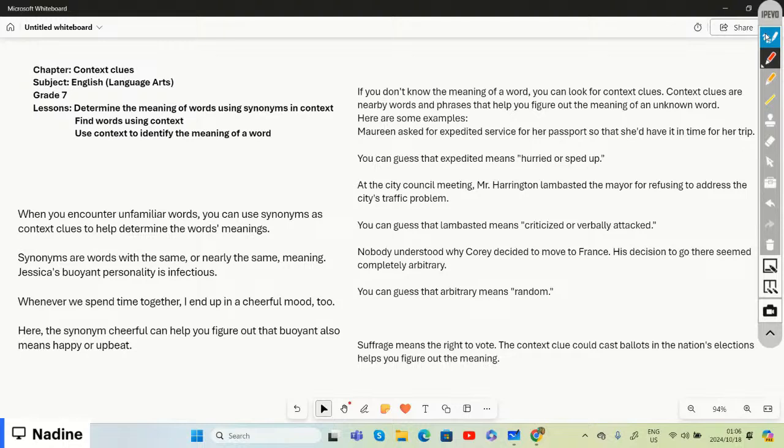If you find a word that you don't understand or haven't seen, try to find the synonym of that word in order to understand what the sentence is about, or to give you more of an idea of what the word probably means.